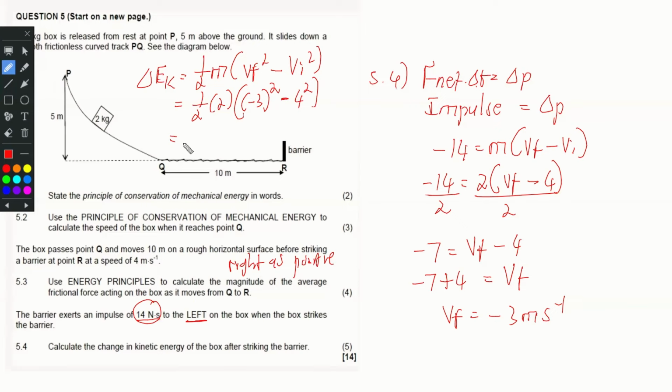And then we have a negative 3 square, and then minus 4 square. Close the bracket. And then all of this will give us negative 7 joules, right? So that's negative work done. So our change in EK will now be negative 7 joules. That's basically how you were supposed to tackle that question there for 5 marks, right?